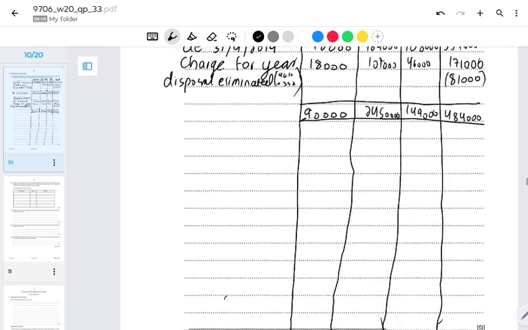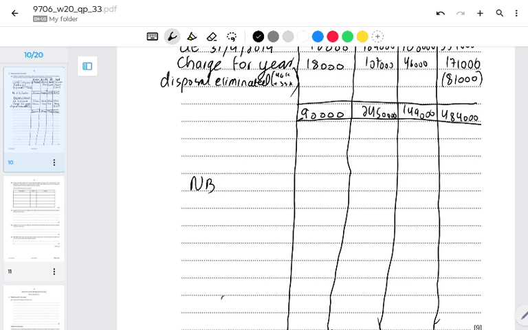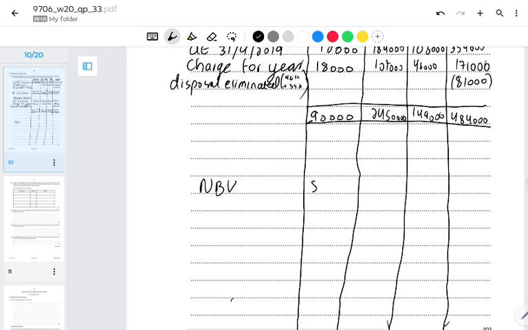Okay. Net book value now. That's the final thing. So for 900,000, yeah, so net book value will be calculated as 810,000, 185,000, 116,000, and 111 will be the total.